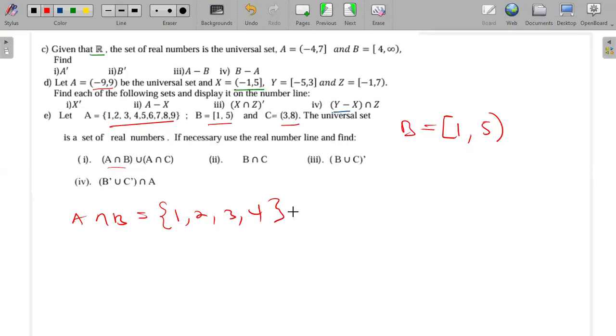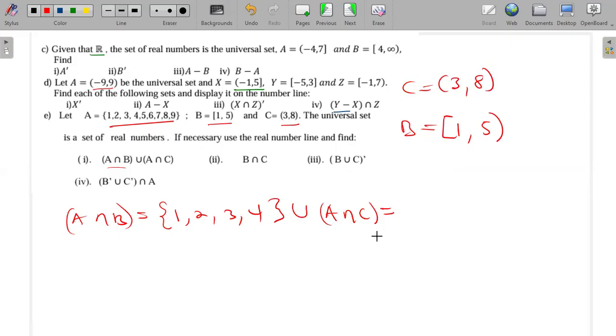Then the other part, the union, you look at the other part here. The other part is telling me I have A intersect C. So what is A intersect C? For C, we see there's 3 and 8. 3 and 8 are not in the set, but every other real number in between 3 and 8 is in the set.